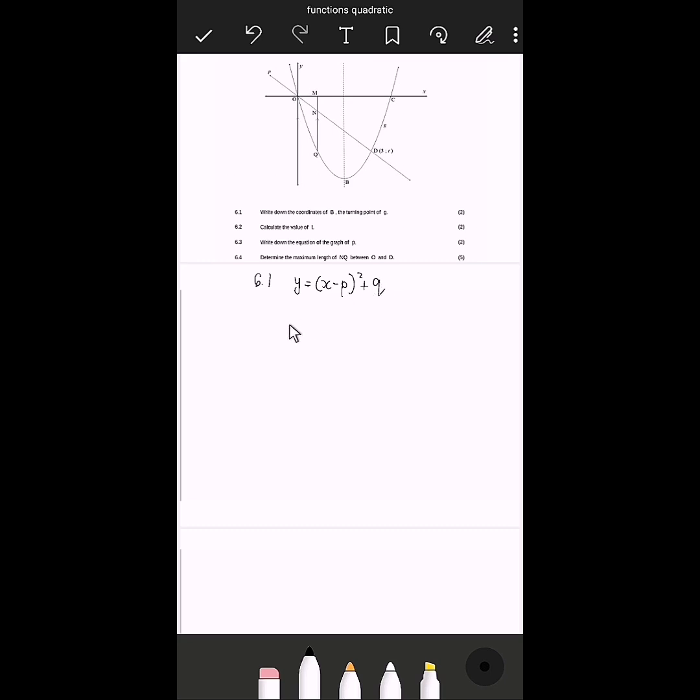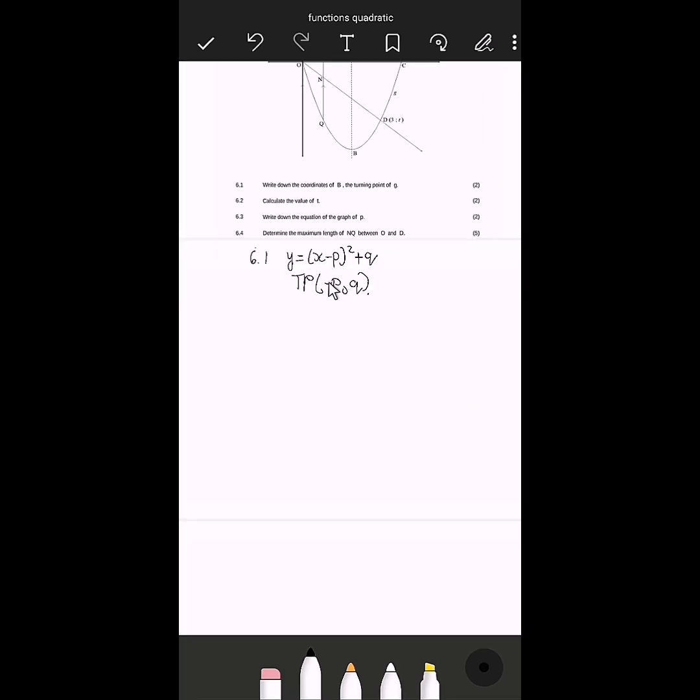Okay, so if you have your equation written in this particular format, then your turning point is (p, q), right? So now that means, let's apply this particular principle to the normal equation in terms of the question that was asked.